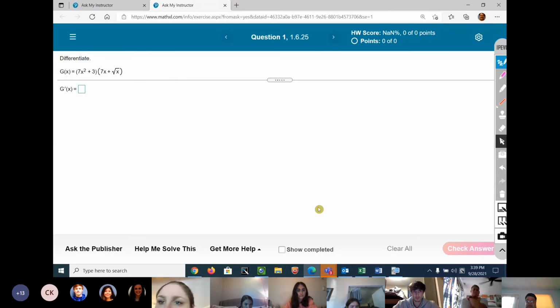We don't get into that until applications of derivatives. I'm going to have to research that one and see if it's misplaced, or I don't understand how that last one is even in 1.5. All right, I'll figure it out. This one says g of x is equal to 7x squared plus 3, 7x plus the square root of x.